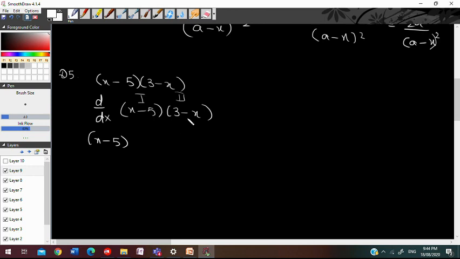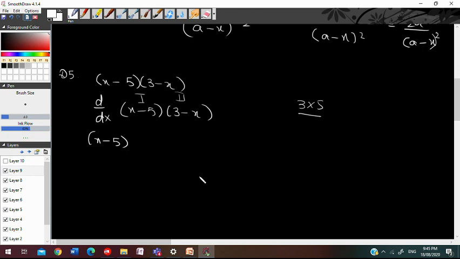If you want to take this as the first function, it's okay, and if you want to take this function as the first function, it's also okay. Because the commutative property holds in the case of multiplication, there is no problem. It's up to you if you want to take the first factor as the first function or the second factor as the second function.